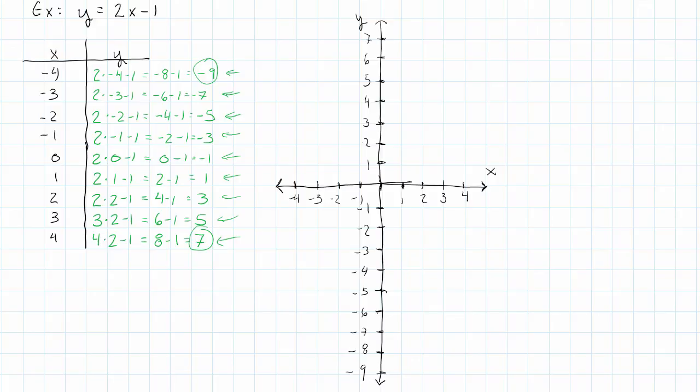X is negative 4, y is negative 9, going down from negative 4 to get to y is negative 9. That's my first point. X is negative 3, y is negative 7. X is negative 2, y is negative 5. X is negative 1, y is negative 3.